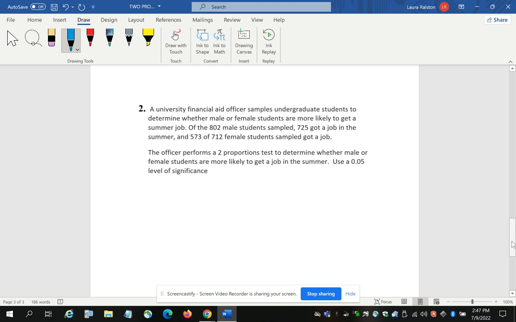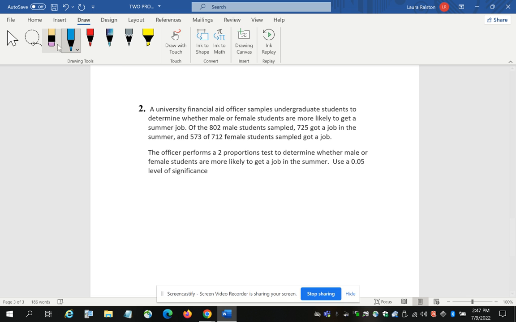Of the 802 male students sampled, 725 got a job in the summer, and 573 of 717 female students sampled got a job. The officer performs a two proportion test to determine whether male or female students are more likely to get a job in the summer. Use a 0.05 level of significance.